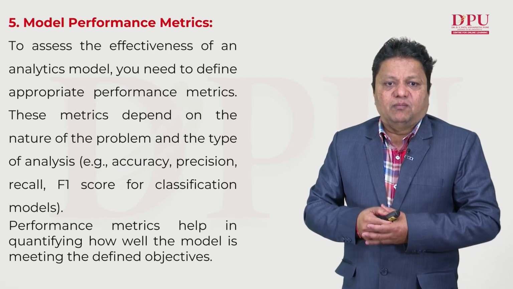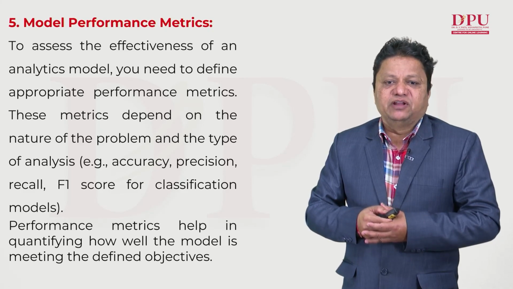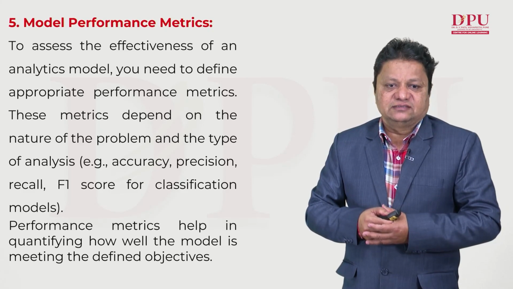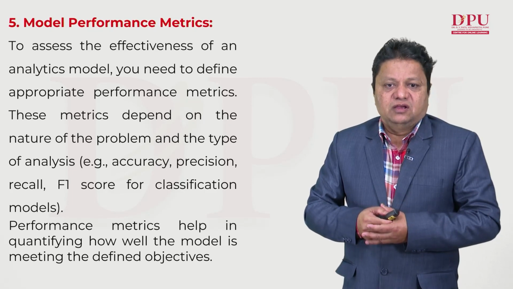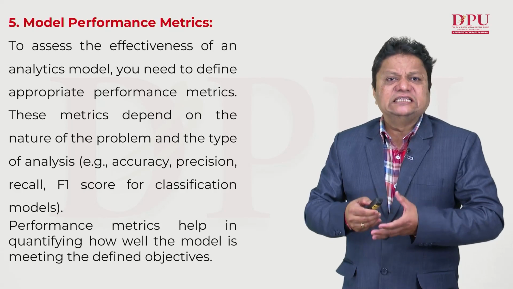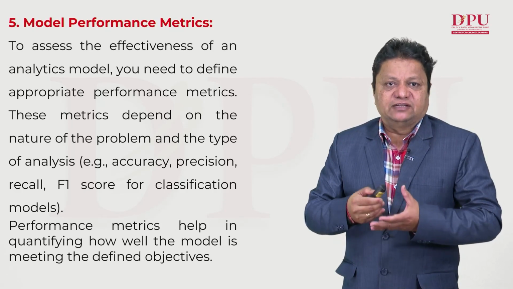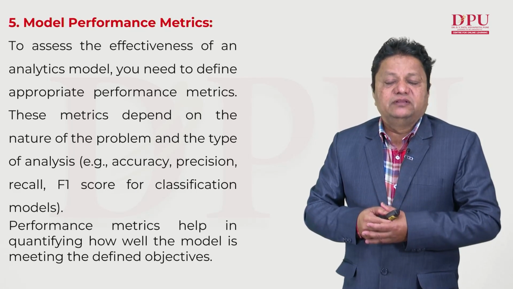Fifth one, model performance metrics. To assess the effectiveness of an analytical model, you need to define the appropriate performance metrics, and these metrics depend on the nature of the problem that we are solving and the type of the analysis.